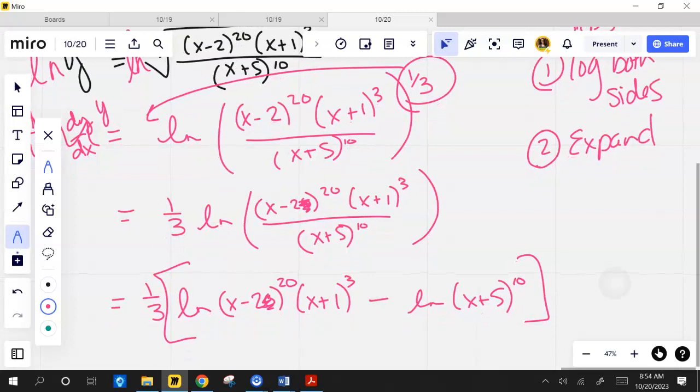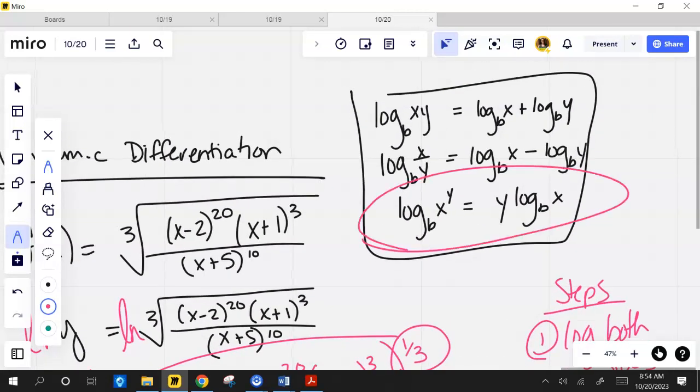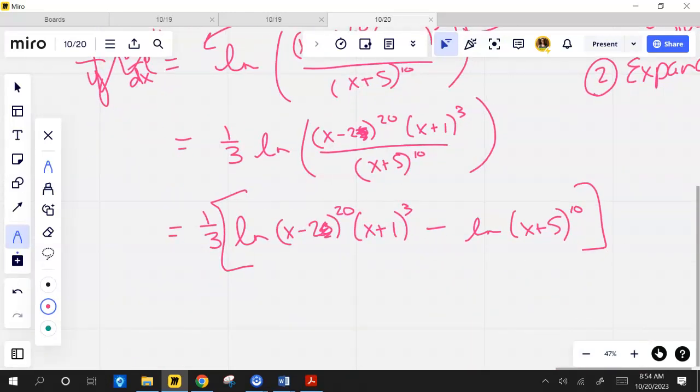That property. I'm going to keep splitting up. Maybe this I bring around to the front here. I'm going to split these up with addition, and also I'm going to bring these around to the front of them.